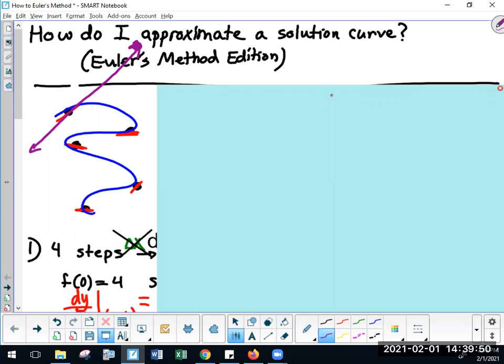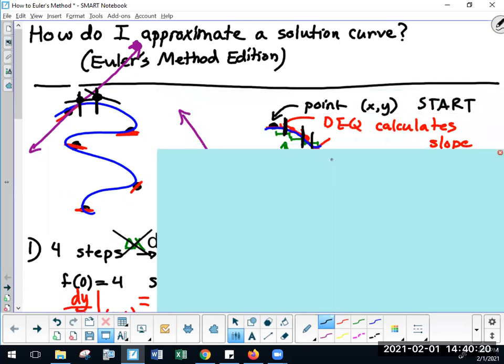So we use a little bit of this line, and then after a certain point in time, we stop, we calculate a new point, get the tangent line, and then we chop it, and we use that point, and we calculate the tangent line. We're going to get a more accurate curve. So that's the big, short explanation of Euler's method.